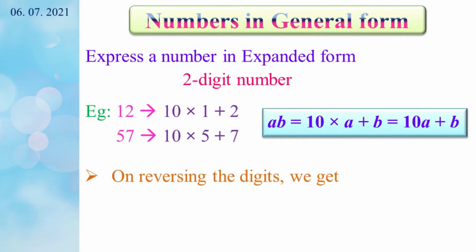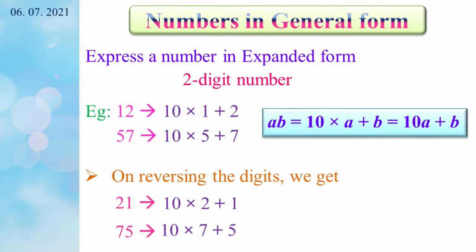On reversing the digits, we get 21. We know 2 is at the 10's place and 1 is at the 1's place. So we write 10 into 2 plus 1. Similarly, 75 is equal to 10 into 7 plus 5.